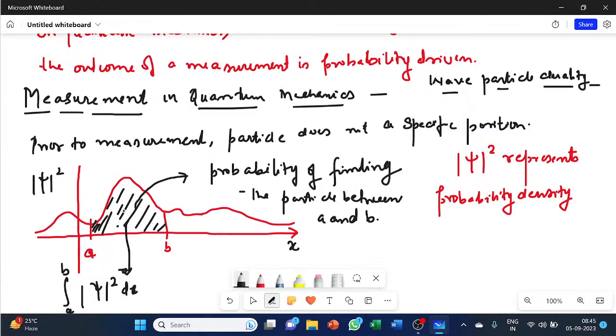So it will give you the probability of finding the particle between A and B. Is that clear or not clear? This is one thing. Okay. Is that clear or not clear?